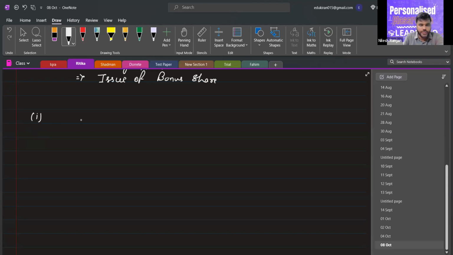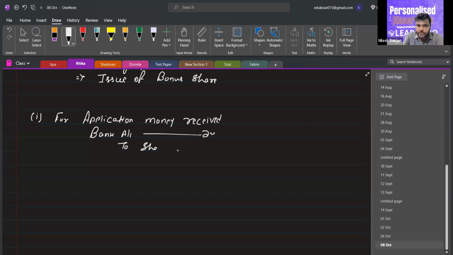The first entry will be for application money received, and in this case total money received. So application money is also full money. For application money received, the journal entry will be bank account debit to share application and allotment account. You remember this entry.